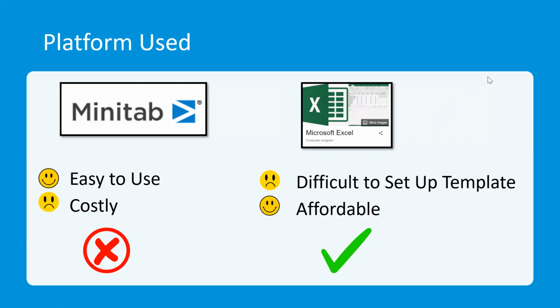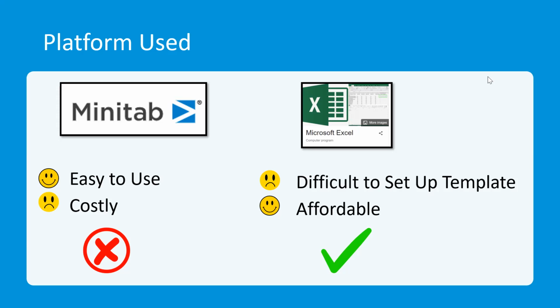The downside of this tool is that it's very costly. It costs about 1,000 euros a year to subscribe. So in fact, I discourage companies from buying Minitab unless they have data that they would always use for analysis.